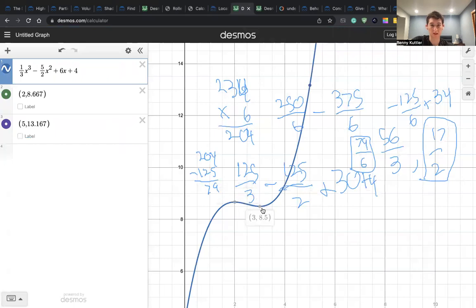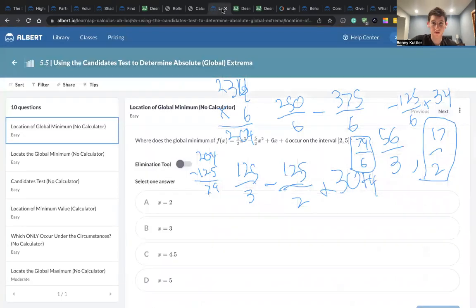So our absolute minimum is going to be here at 8.5. 8.5. So 1 over 3x cubed.